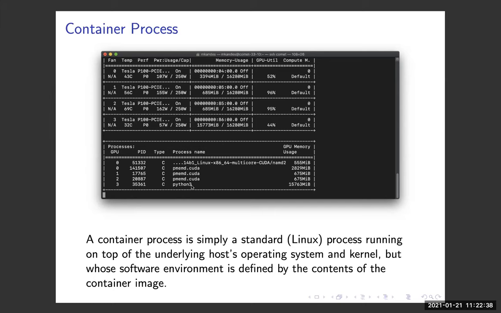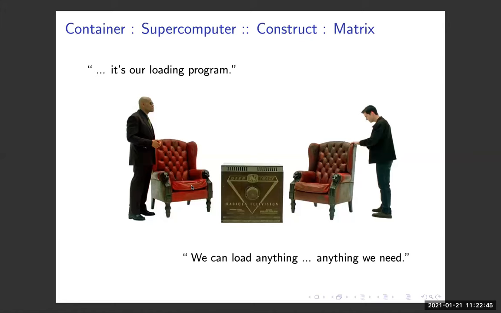This is the analogy that I've used in the past. If you've ever seen the movie The Matrix, they go into a virtual world called the Matrix. Before they go in, they run a program called the construct, where they get all the supplies that they need before they go into the Matrix, right?